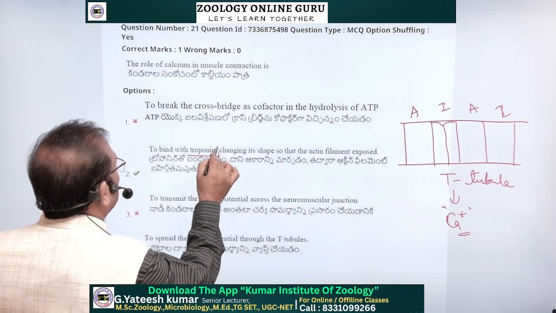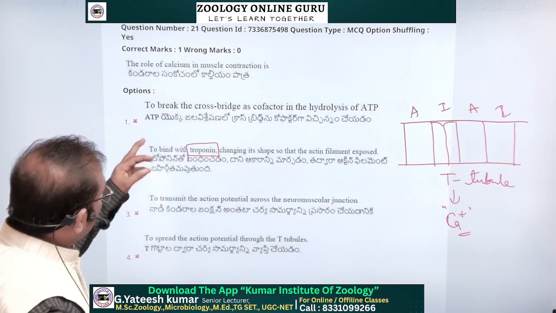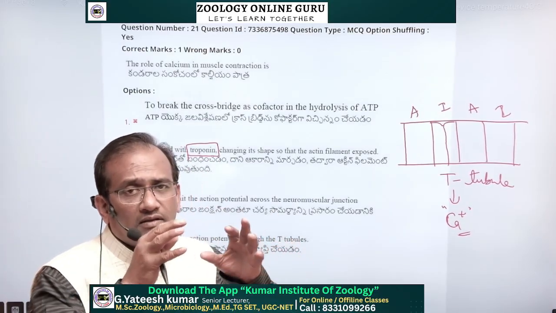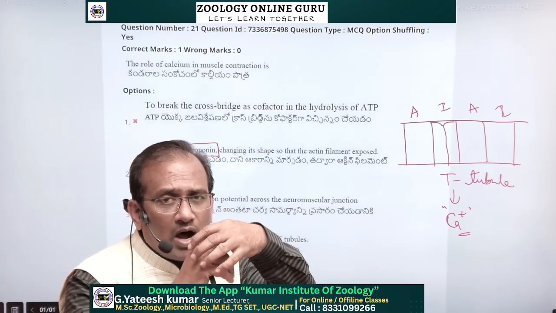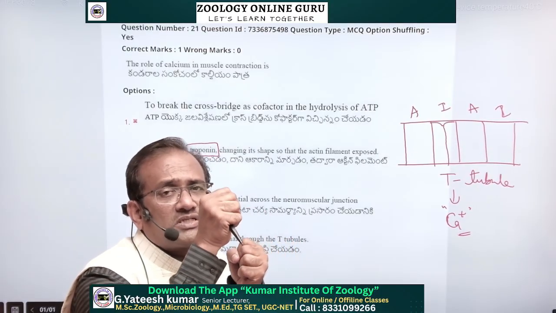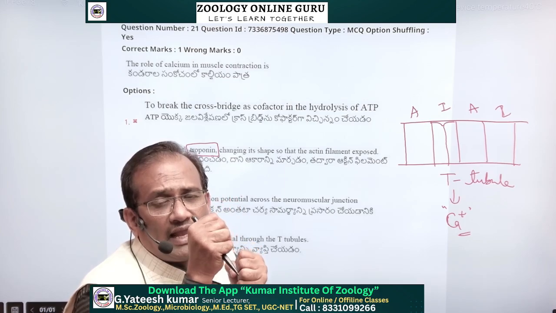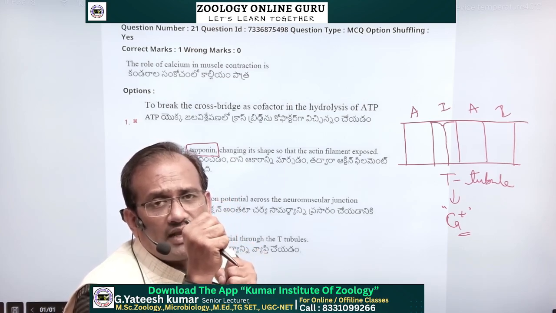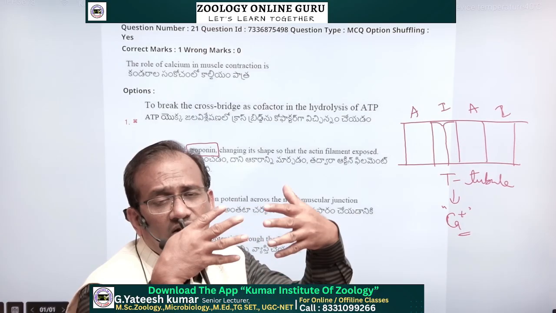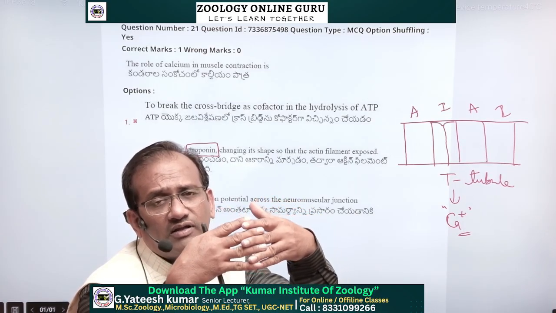Calcium binds with troponin, and then the mask of the troponin is removed and exposes the myosin head to the actin filament. This is the starting point for the contraction.